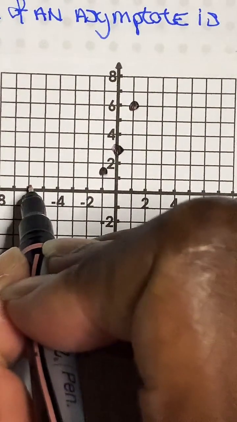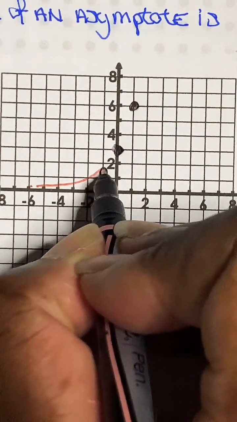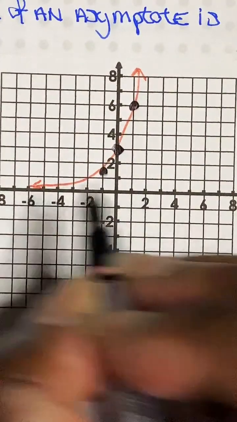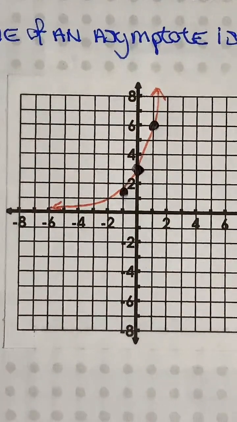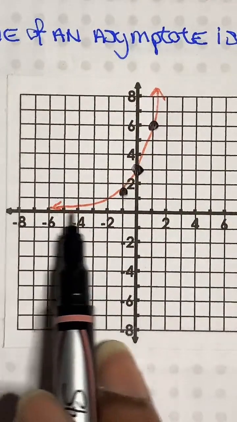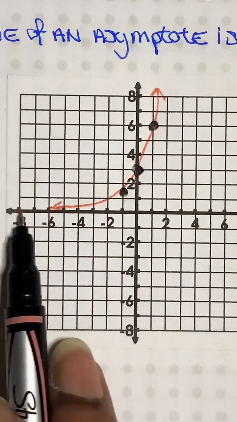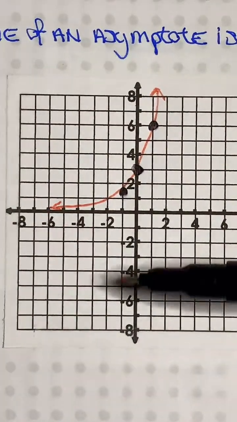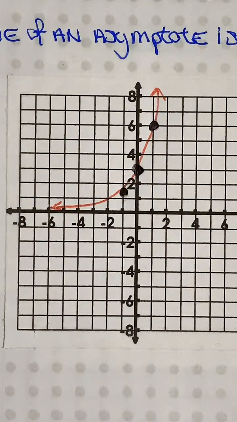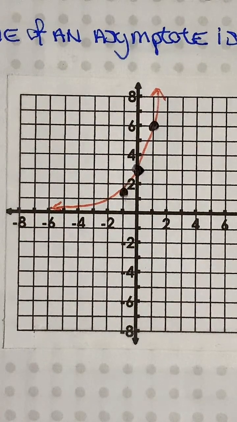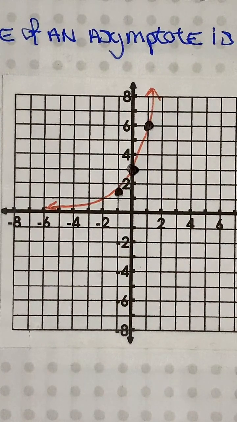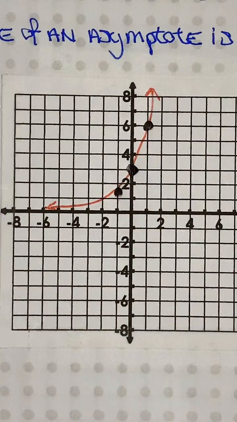So basically, your graph is going to look something like this. So it's giving me the growth. My barrier, or my asymptote, is going to be my x-axis because we didn't have a vertical shift. And I just graphed a couple of points. As close to 0 without touching it. There you go. Good.